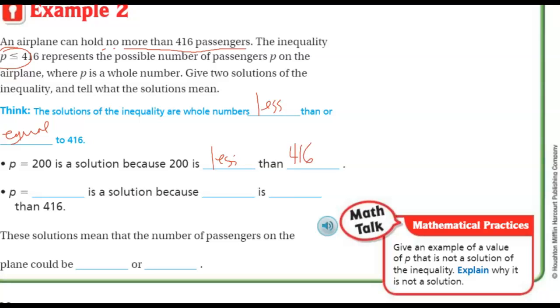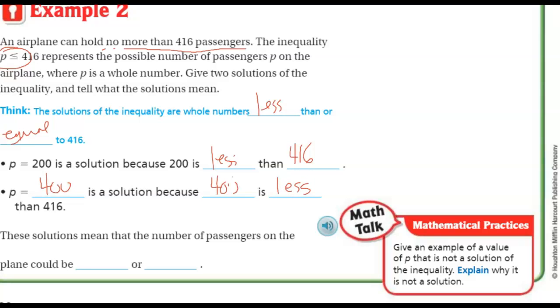And then you can choose another number. I'm going to say p equals 500 is a solution, but that would be wrong. p equals 400 is a solution because 400 is less than 416.